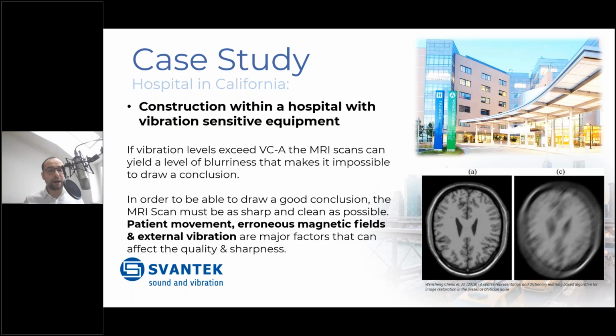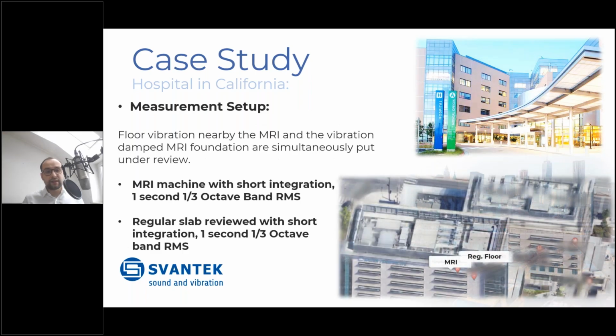Now, of course, as one of the key parameters, when there is some kind of vibration operation within the hospital, external vibrations that are then induced to the MRI machine will also have a huge effect on the quality and sharpness of that image. So in this case study, the floor vibration from outside of the room nearby the MRI machine was measured, but so was the vibration on the decoupled foundation where the MRI machine was put.